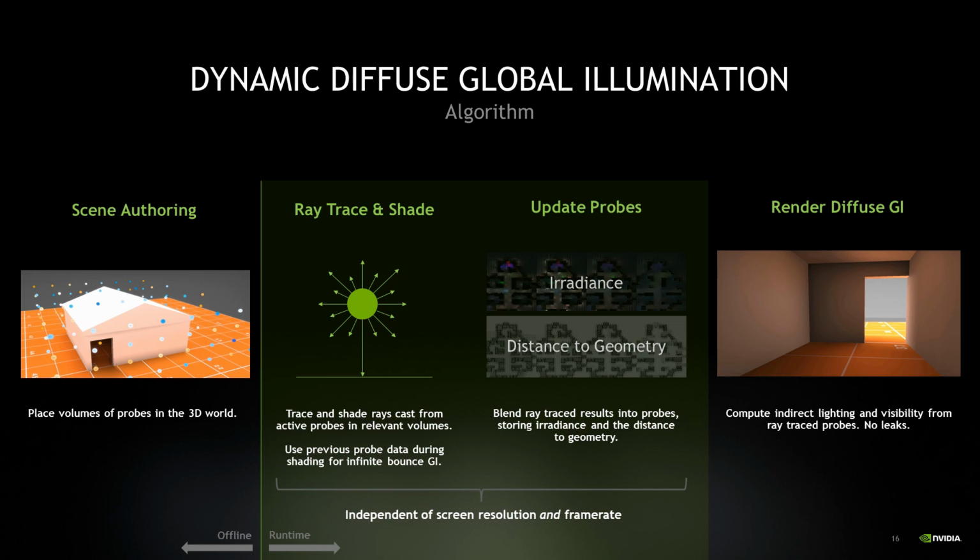Another way to say this is that the total number of rays traced is tied to the number of active probes, and each individual probe can be ray traced and updated at arbitrary frequencies. This flexibility creates a lot of optimization opportunities and the ability to adjust workloads for a wide range of hardware.